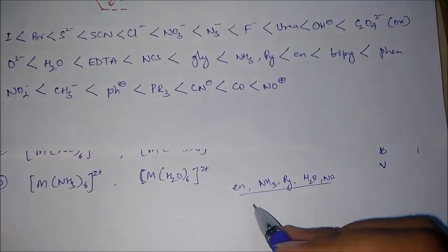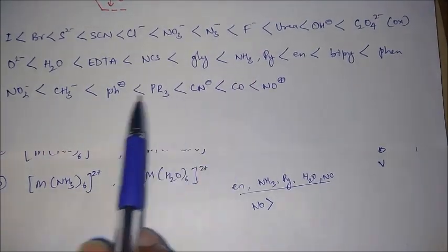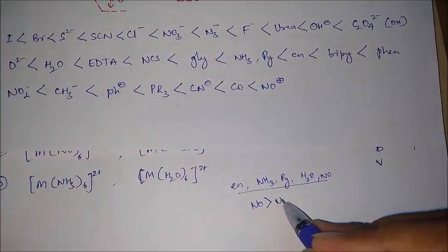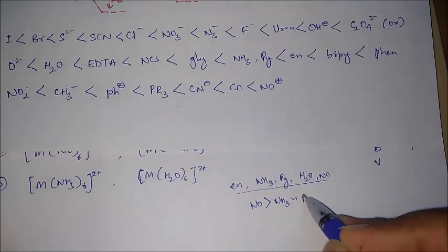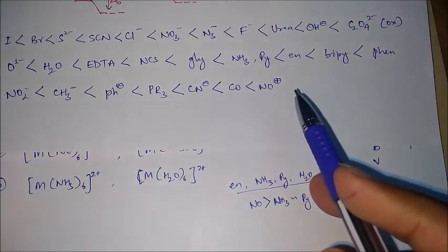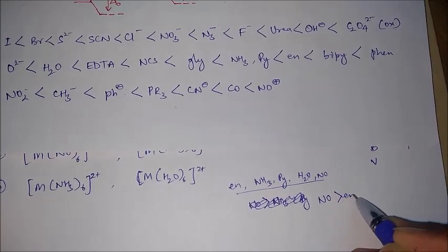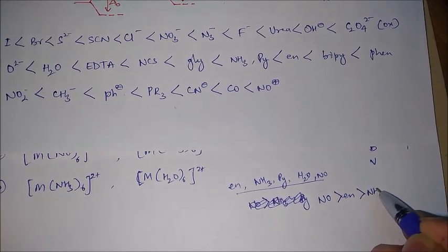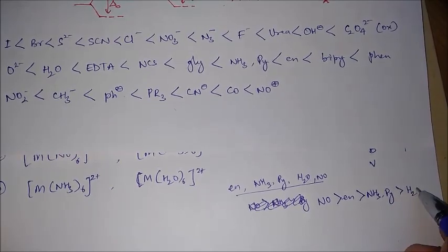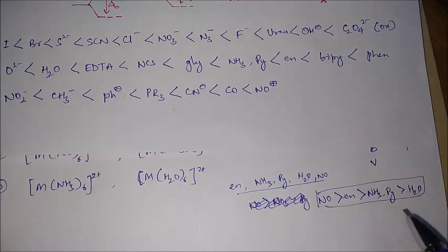The highest one is NO, then comes ethylene diamine, then NH3 or pyridine, which are somewhat similar, and the least one is water. So this is the order of the strength of your ligands.